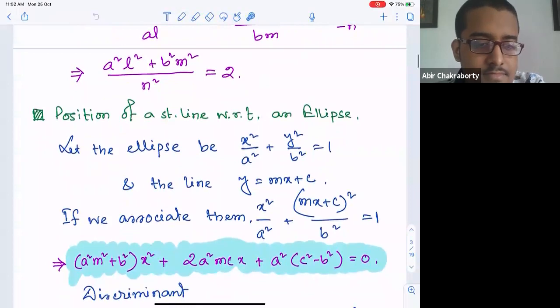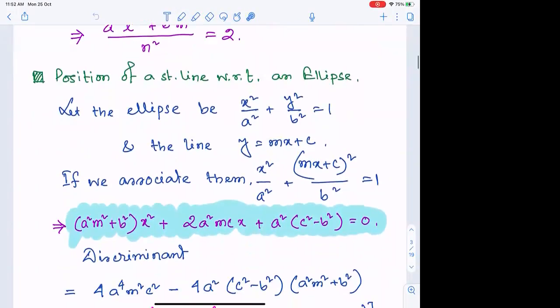Now, if we check the discriminant, we have found 4a to the power 4 into m square c square minus 4a square into (c square minus b square) into (a square m square plus b square). If this discriminant is positive, then our considered line is going to be a chord.